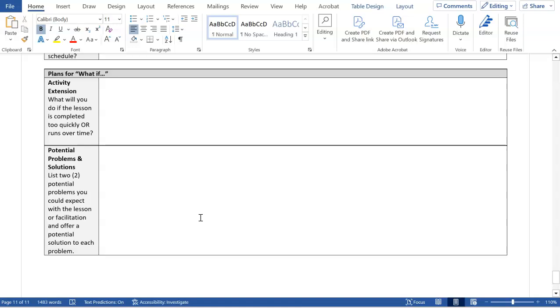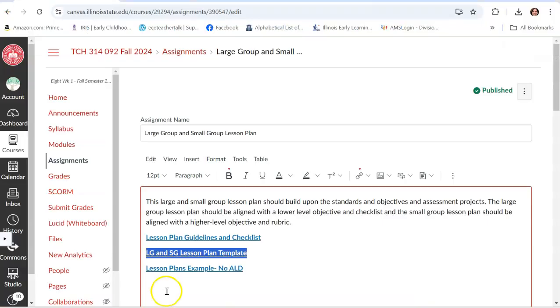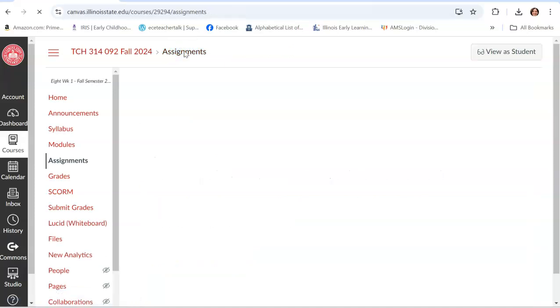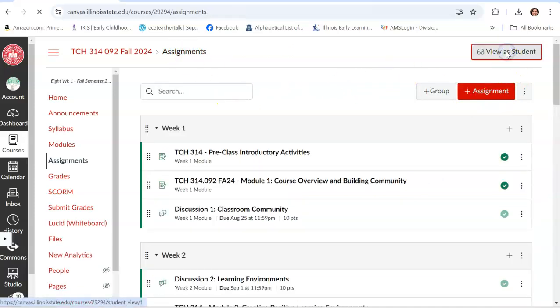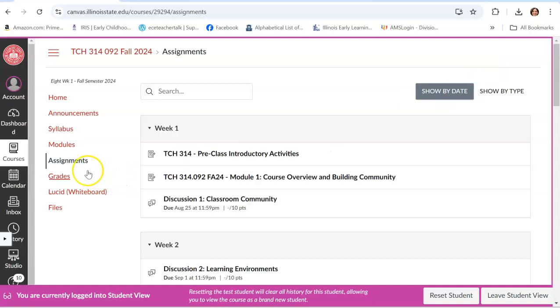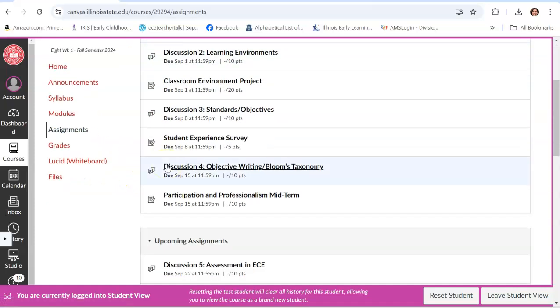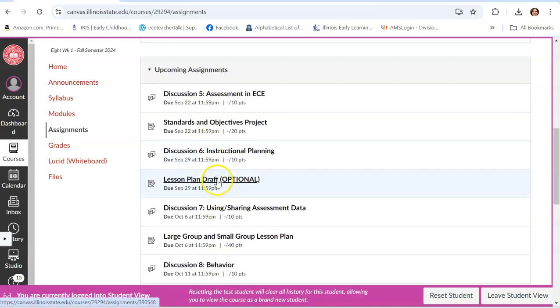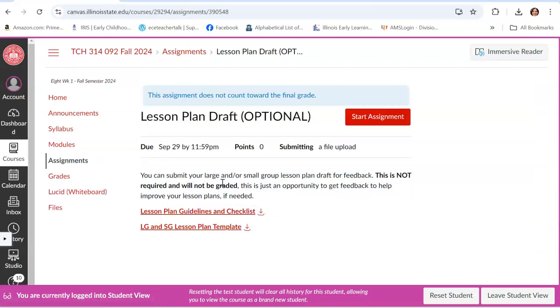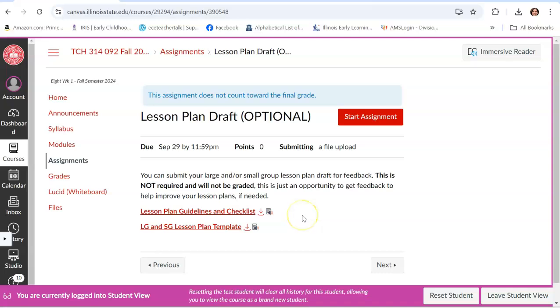Okay, so as always, when you get ready to submit, oops, let me go back up here. Sorry, I don't have this in student view. When you get ready to submit, you will be able to go in, and for this, of course, you can submit a draft. For your draft, you can submit as much or as little as you have done on this assignment.